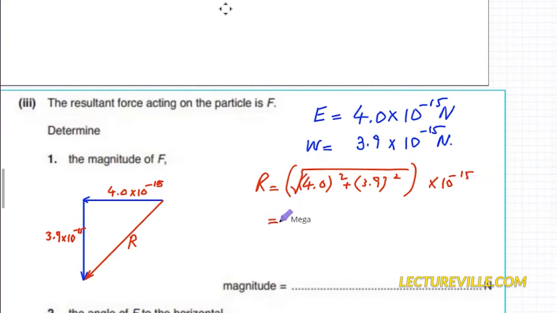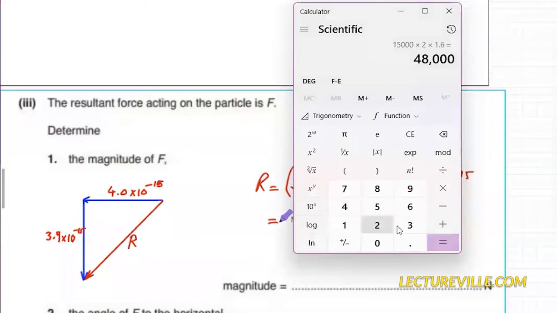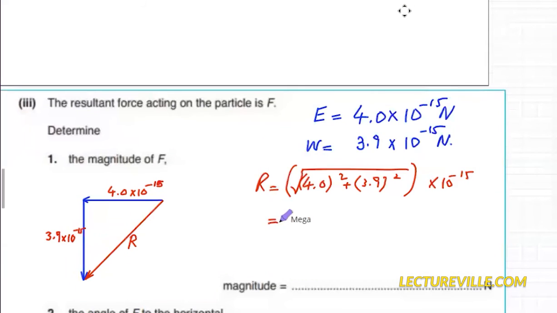So let's bring the calculator on. 3.9 square plus 16, square root, 5.586. So 5.59 or 5.6 into 10 to the power minus 15 Newton.